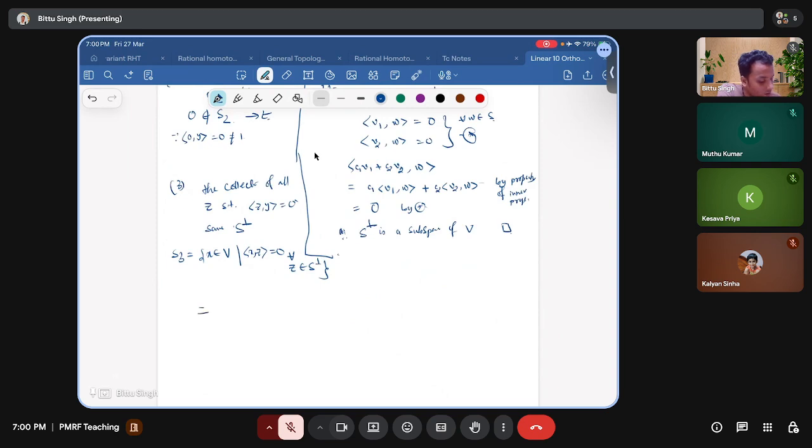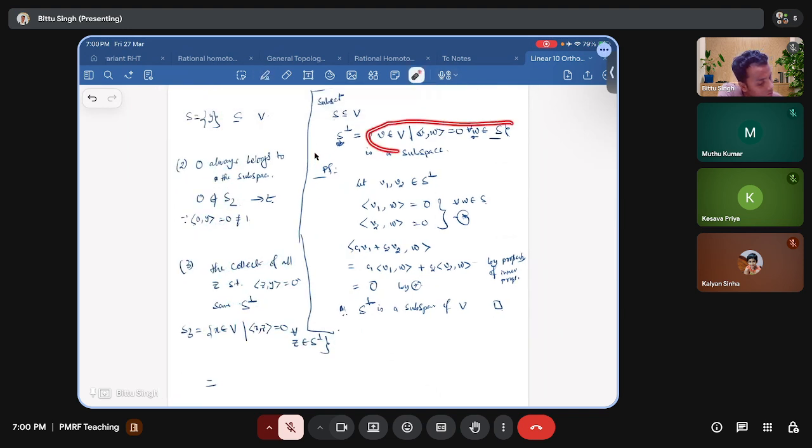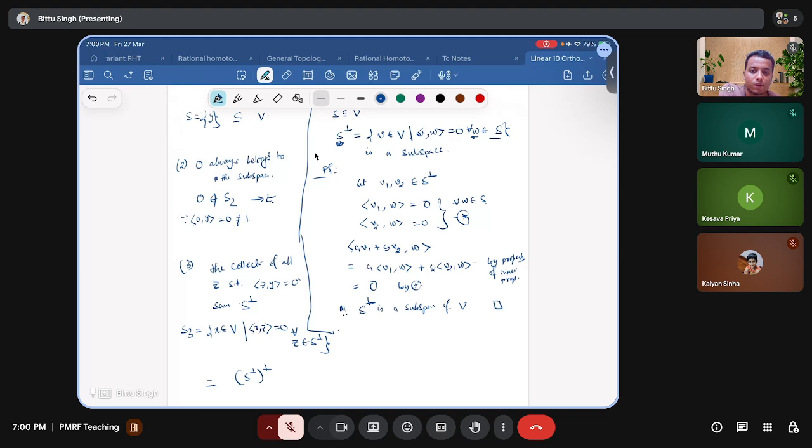Now note that, can you see that this is the definition of orthogonal complement? If you choose this S perp to be a new set, then this is nothing but the perp of this S perp, by definition of orthogonal complement.